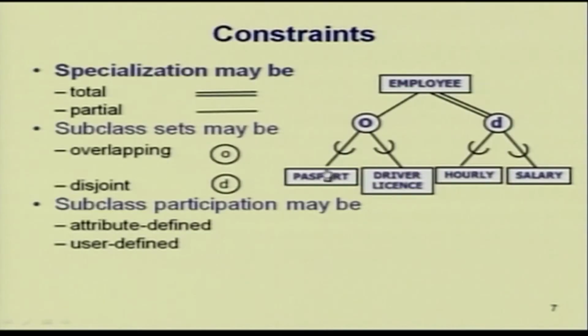Now, if you look here, it does not say that all employees have to have a passport or driver license, that is not specified, and that is partial, and it says it is overlapping.